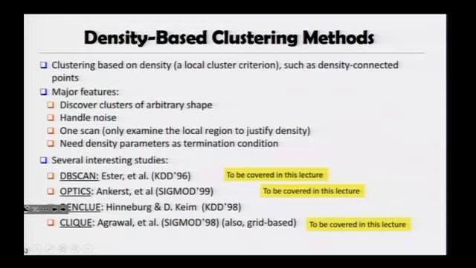So first of all, what are density-based clustering methods? Remember that in the partitioning-based methods you have the number of clusters in mind, which is k, and you're trying to partition the data points into k different groups, making sure each group is cohesive in itself, compact, and dissimilar to other clusters.